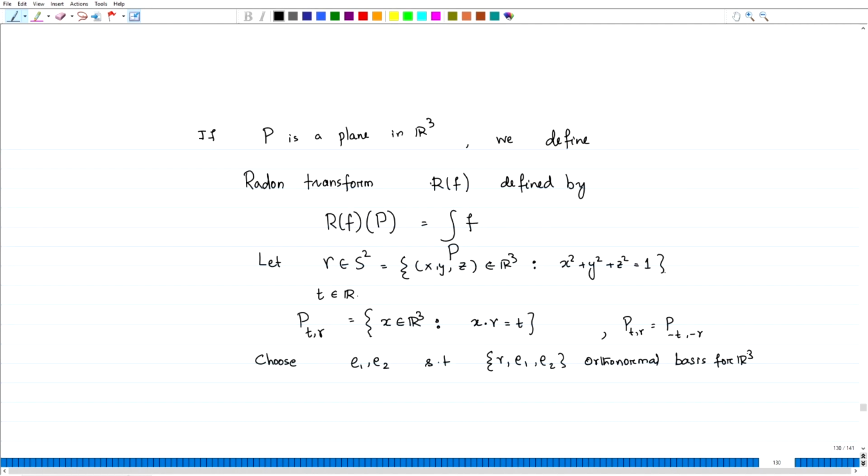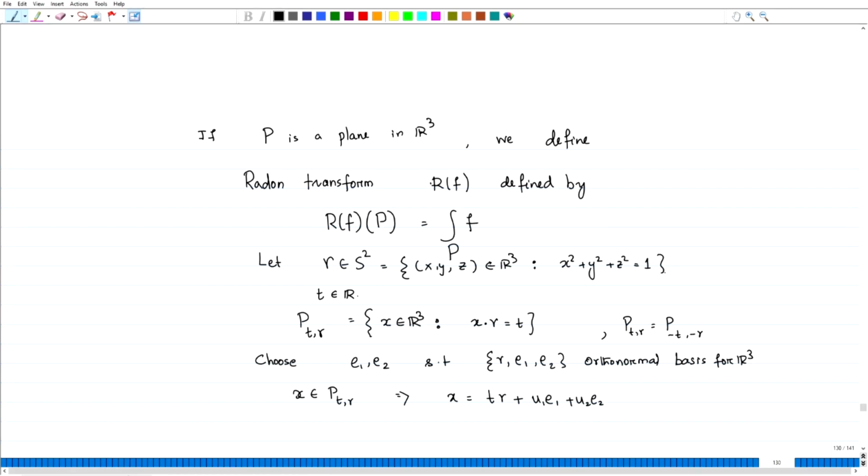That means they lie on the unit sphere and are mutually orthogonal, their dot products being 0. Now if I take x in P(t, gamma), then x can be written as t gamma plus u1 e1 plus u2 e2.